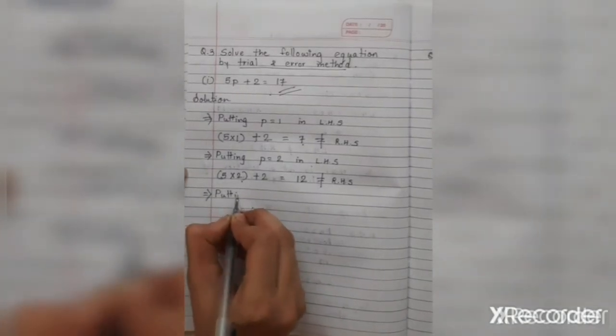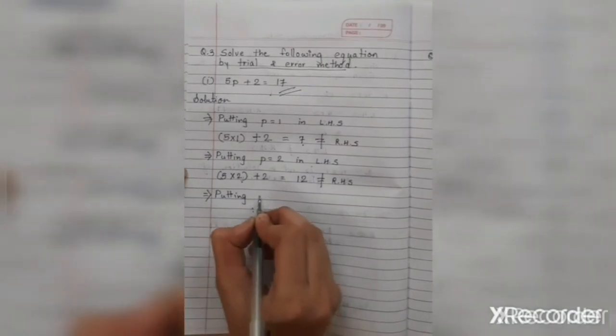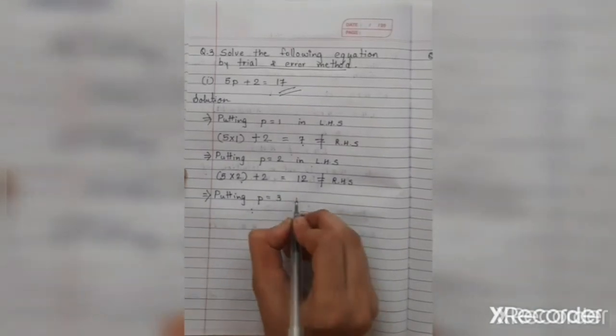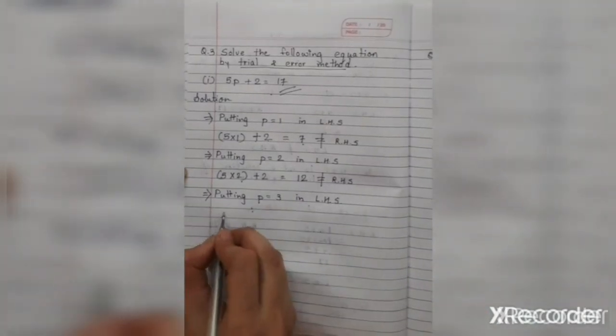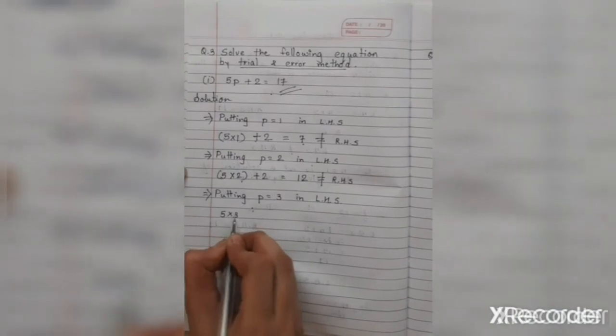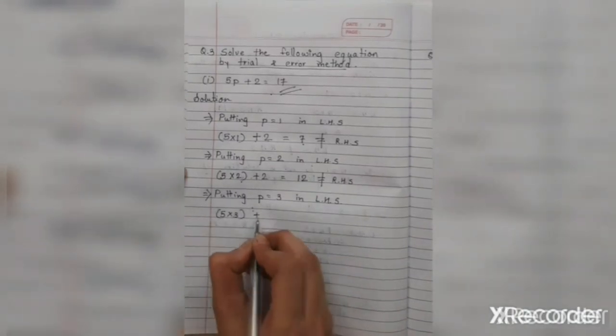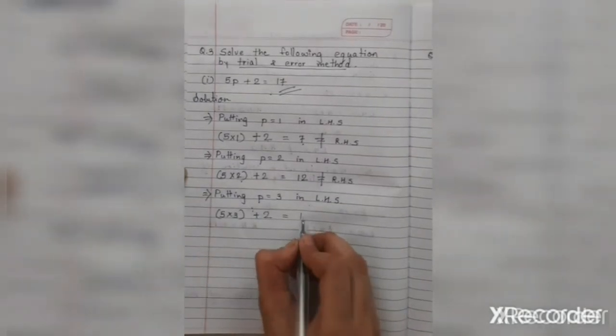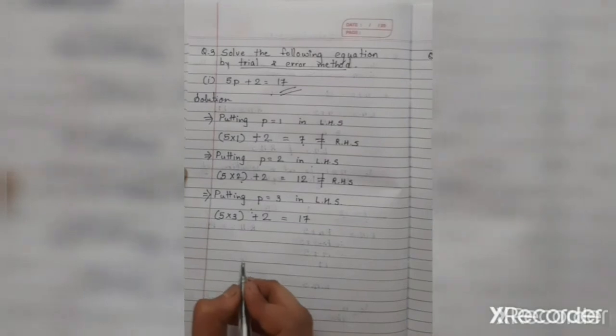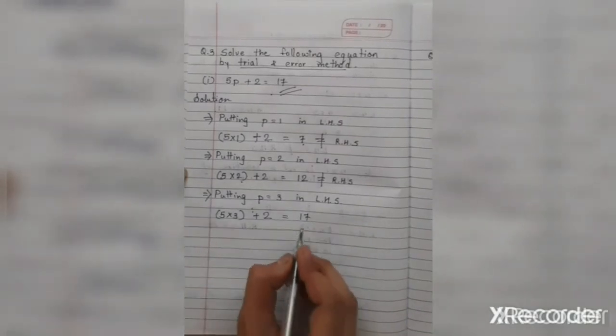Putting P equals to 3 in left hand side. 5 multiplied by 3 plus 2. 5 3s are 15. 15 plus 2, 17. Yes, we got the solution.